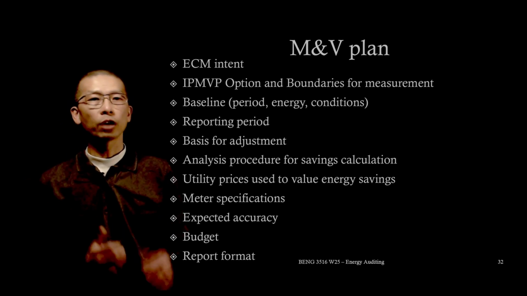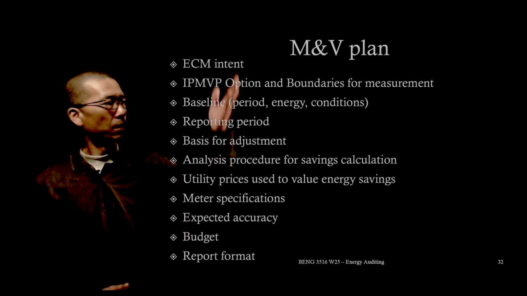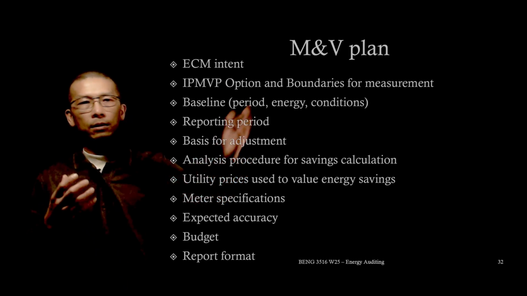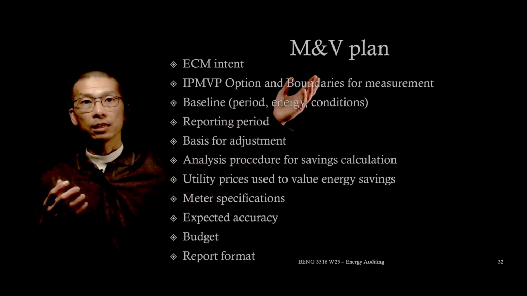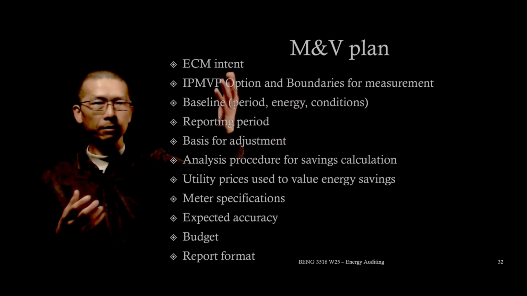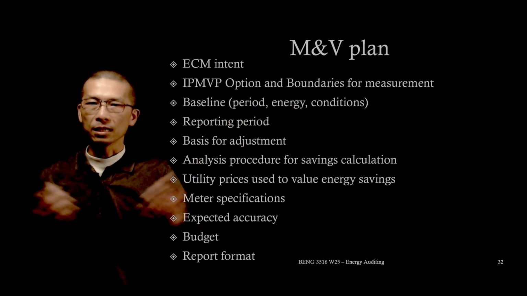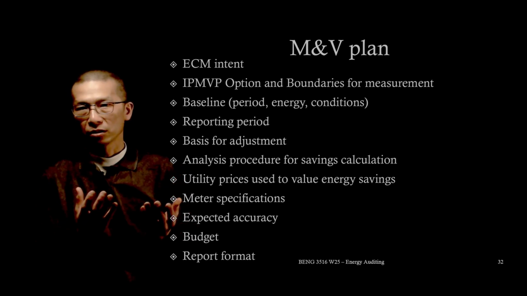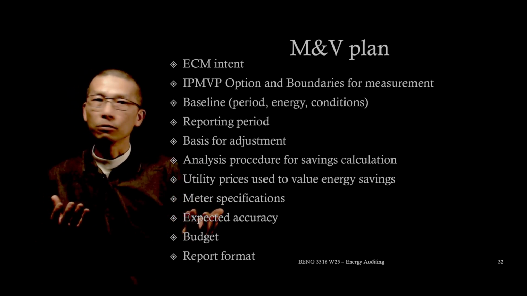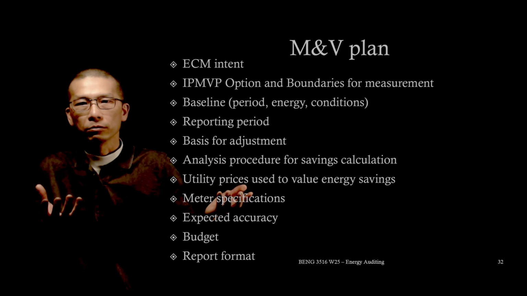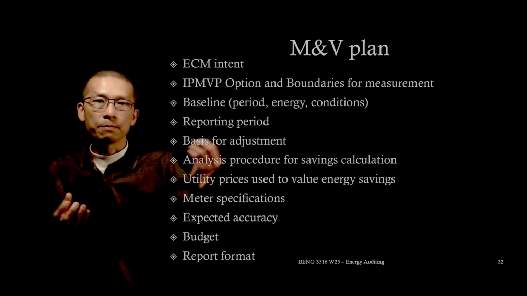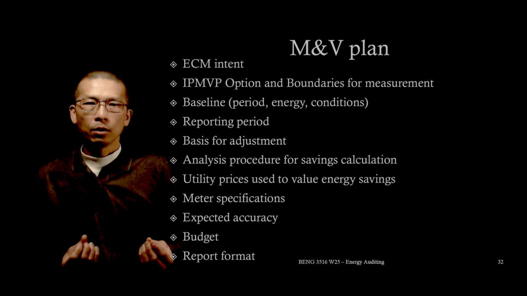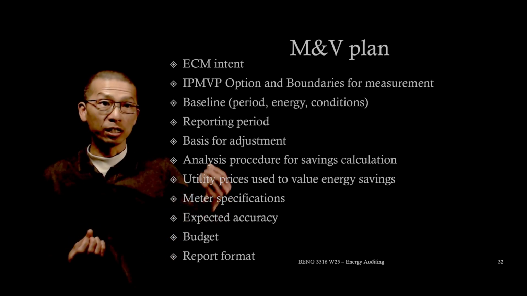So we have touched on a list of topics here that kind of summarize what's in MMV planning. First, the ECM intent. We clearly state the purpose and expected benefit, or why we do something, because it's beneficial. So the expected benefit of the energy conservation measure is what the project aims to achieve.